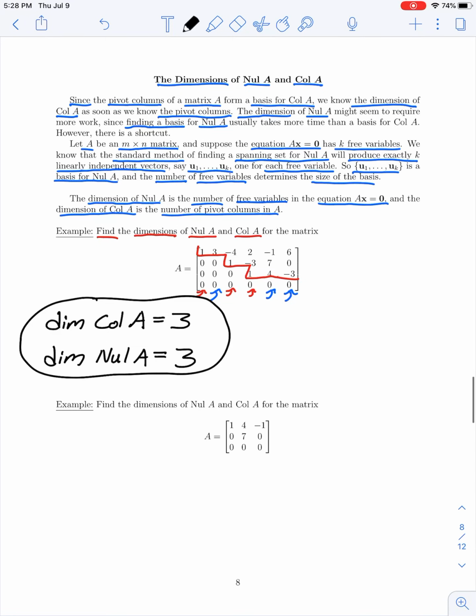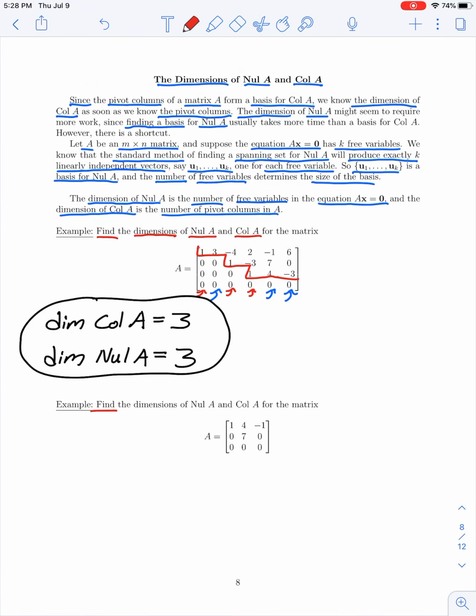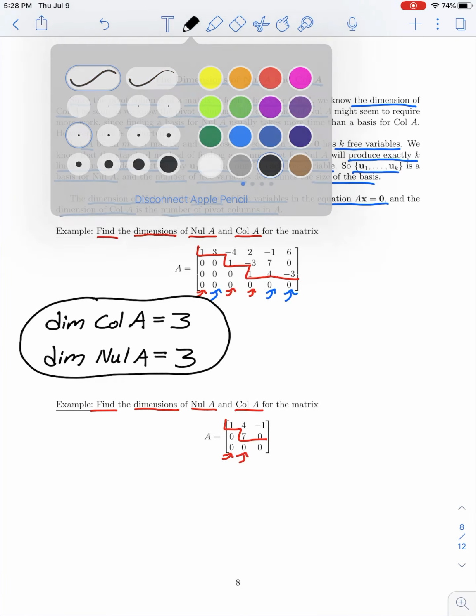So let's look at our next example. Same sort of problem. We are asked to find the dimensions for the null space and the column space for the following matrix A, which is already in row echelon form. And we can see that it has 2 pivot columns.